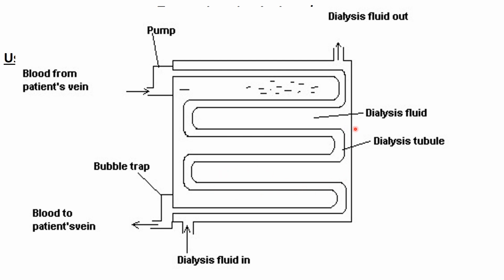This dialysis fluid has glucose and salt whose concentration is the same as that of the blood. So if this blood which is flowing in this tube called the dialysis tube has the same concentration as the dialysis fluid, it means there is no excess glucose or excess salt in this blood.